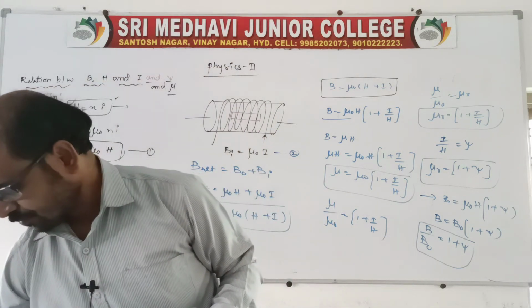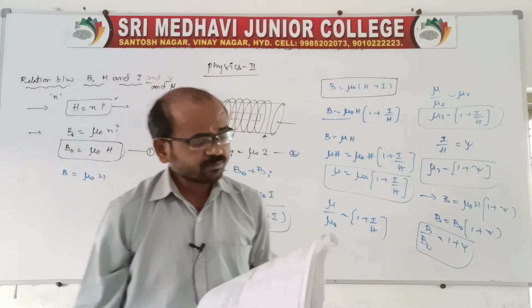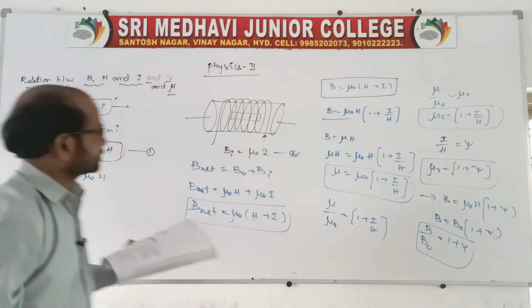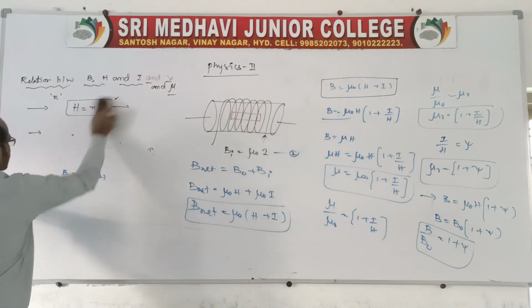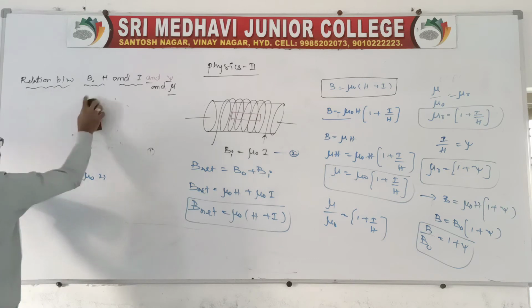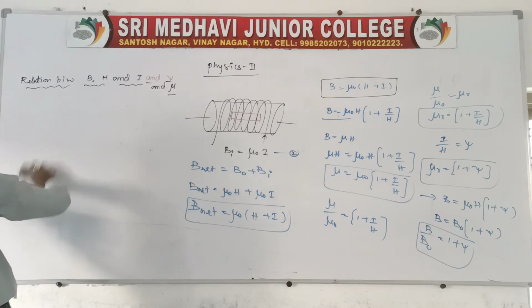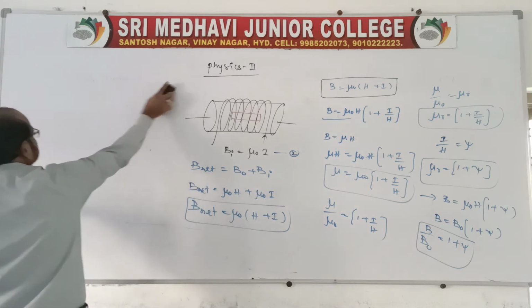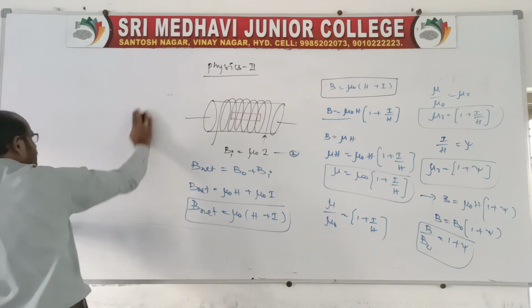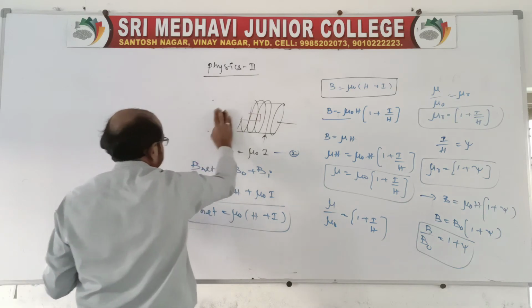So look at the question on page number 247, question number 8. Read the question carefully and write the given data, what is given. Note that, then after use the formula.